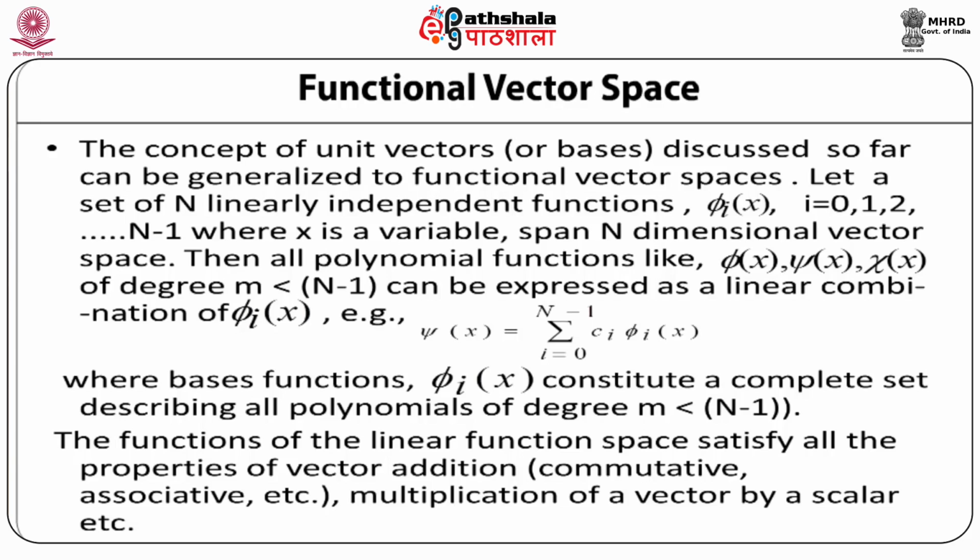Then all polynomial functions like phi(x), psi(x), xi(x) of degree m less than or equal to (n minus 1) can be expressed as a linear combination of phi_i as a function of x.